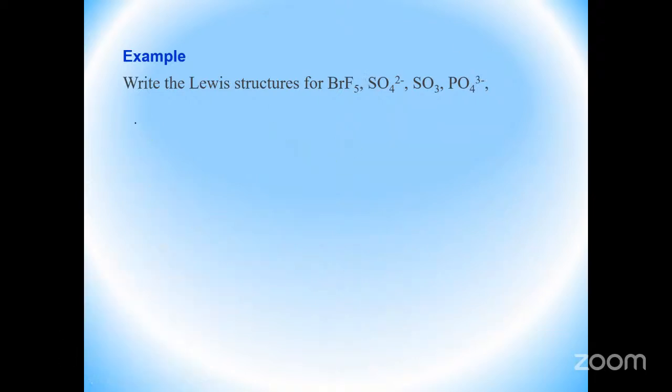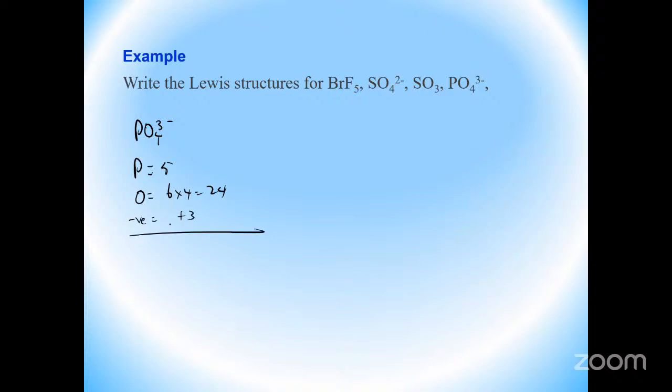Phosphate, PO4 3 minus. Okay, so phosphorus will contribute how many electrons? 5. And oxygen will contribute how many? 6 times 4. So that's 24. And then we have to account for the 3 negative charges. So how do we do that? Add 3 more electrons, right?